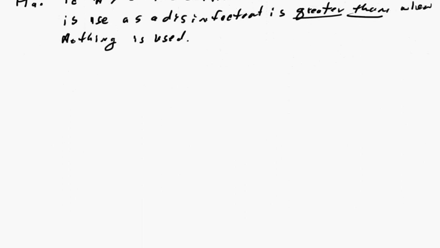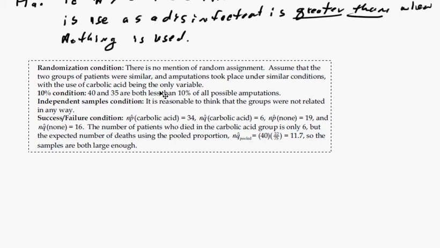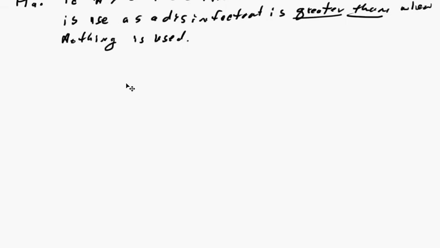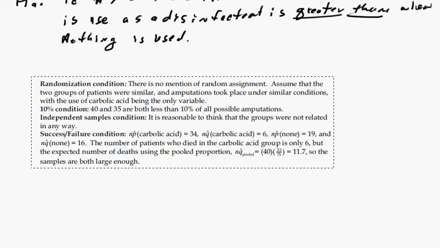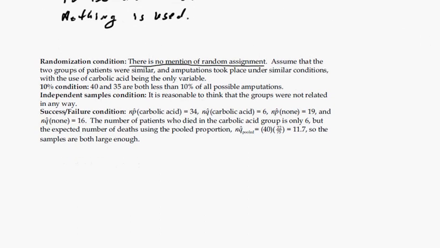So now to speed up this video a little bit, I'm going to just pull in the author's condition check. So let's do that again. So the random condition, there's no mention, I mentioned that already, no pun intended, but there's no mention of random assignment, so that's a little disconcerting.